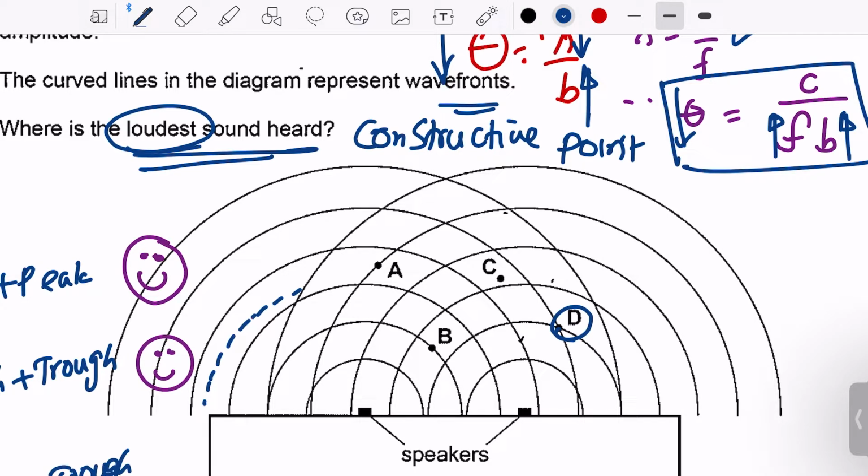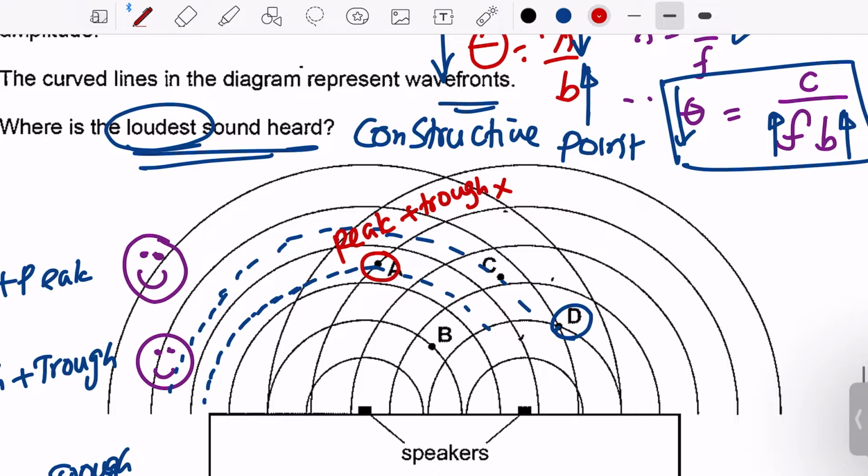Like we say peaks and valleys, right? So I am drawing the lower places with these broken lines. Now if these type of places A, this means peak plus trough. No, not good. That's not constructive. Here B also, see, this is a peak plus trough. No, not good. But what about C?